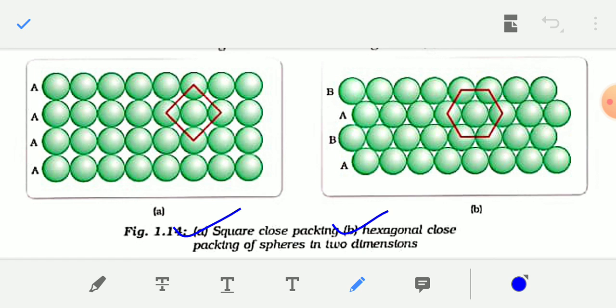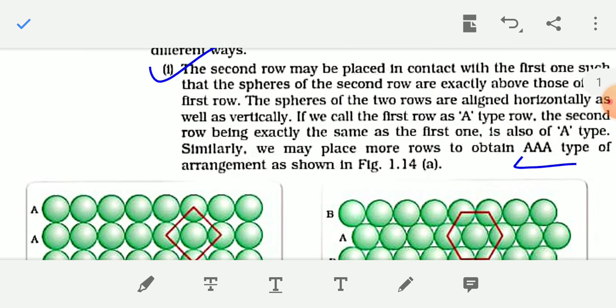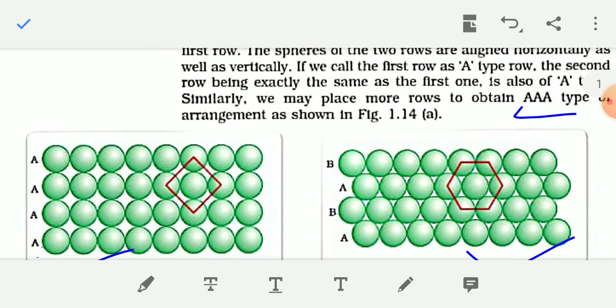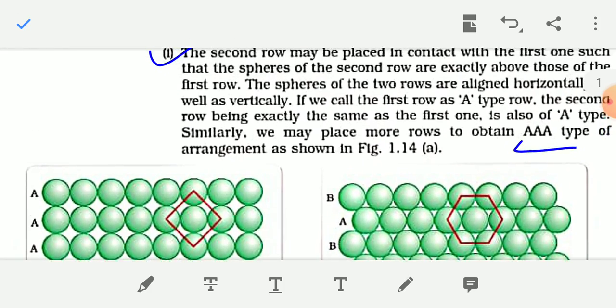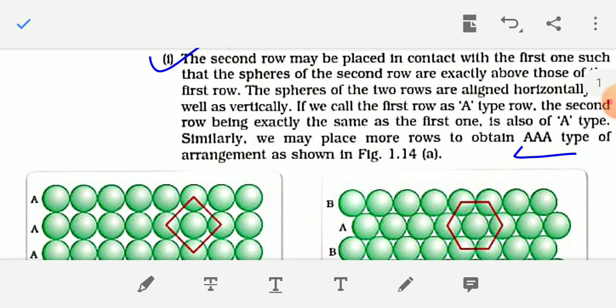One is square close packing. It looks like this. This is square close packing and this is hexagonal close packing. In square close packing, the second row may be placed in contact with the first row such that the spheres of the second row are exactly above those of the first row.